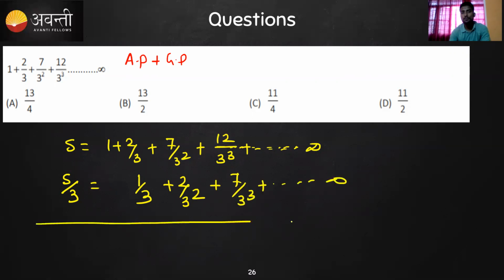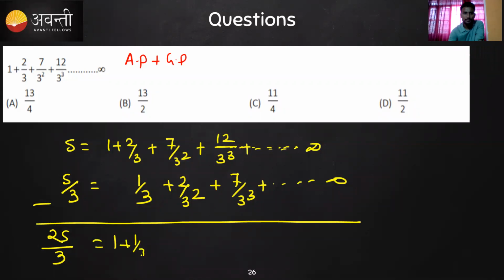So from here, if we subtract these things, we will get 2S divided by 3. From here, you can see this is 1, and this is 2 by 3, right? So what we have to do is simply like this: this is 1 plus 1 by 3, because it is minus, this is minus, this is minus.